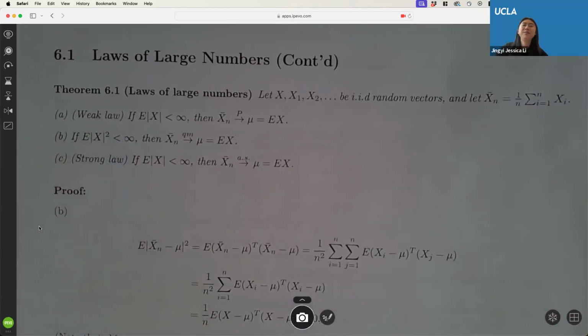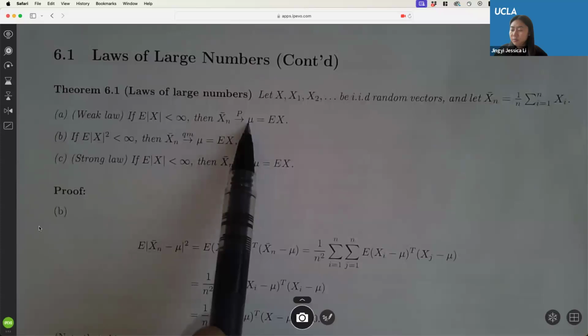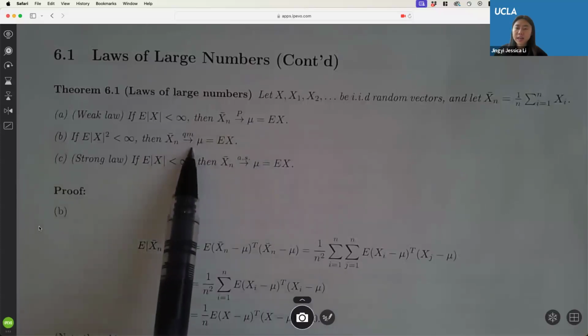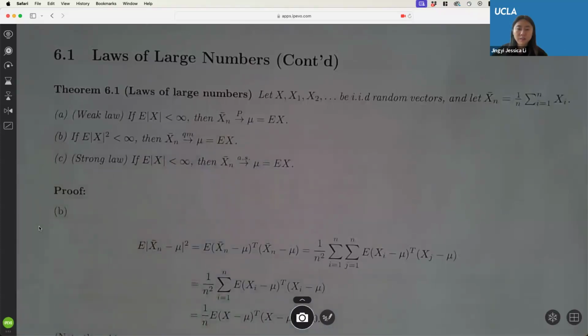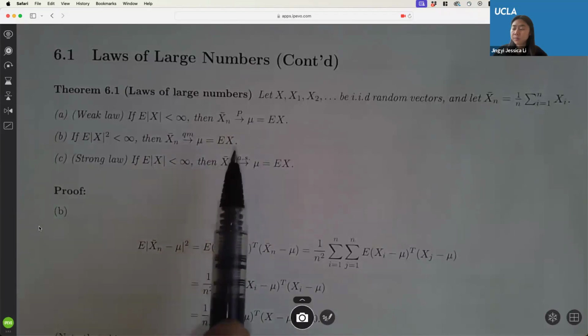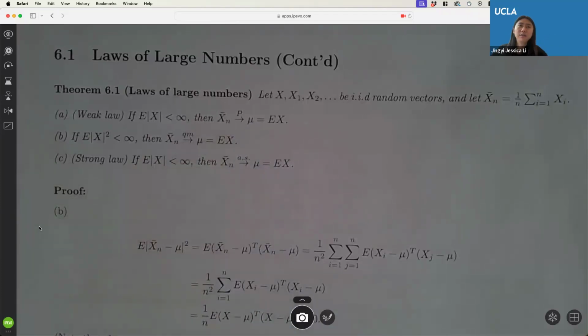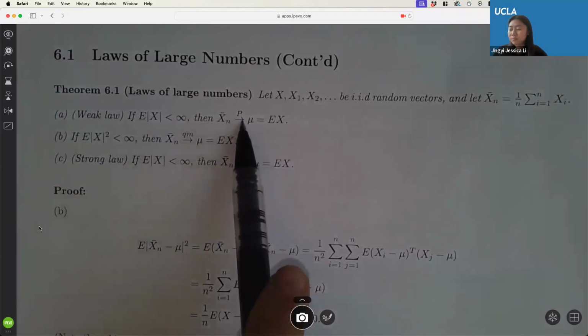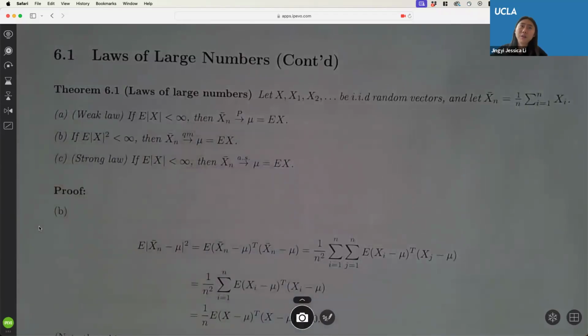Law of large numbers is very similar to our modes of convergence. Here we can have convergence in probability, convergence in quadratic mean, which is like the rth mean convergence with r equals 2, and strong convergence, almost surely. So basically, we have the three stronger modes covered here. And as long as you have convergence in probability, you have convergence in law, right? So that is already implied.